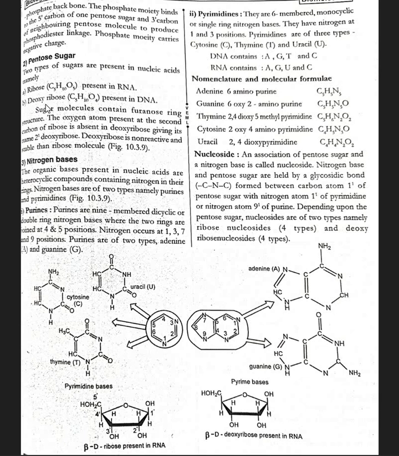Which carbon is without the oxygen? The second carbon. So it is also known as 2-deoxy. The 2 means the second carbon of the deoxyribose sugar is without oxygen. So it is called 2-deoxyribonucleic acid. So the correct full form of DNA is 2-deoxyribonucleic acid, whereas RNA means ribonucleic acid.